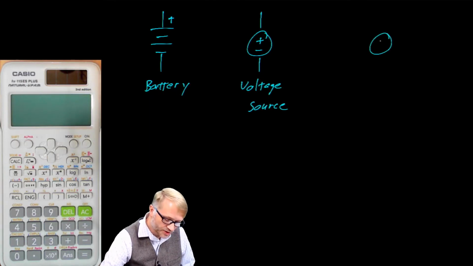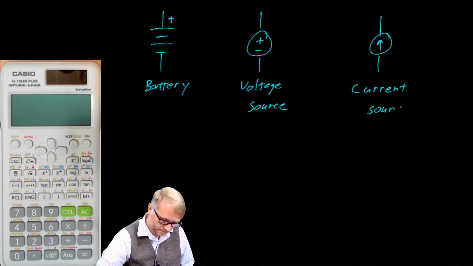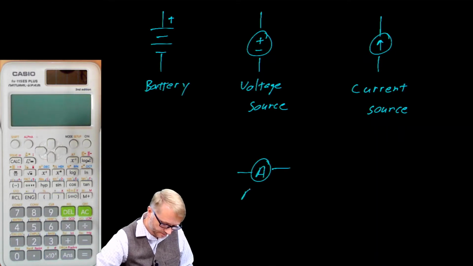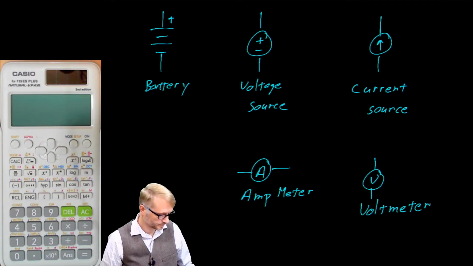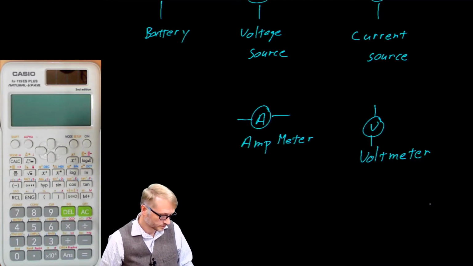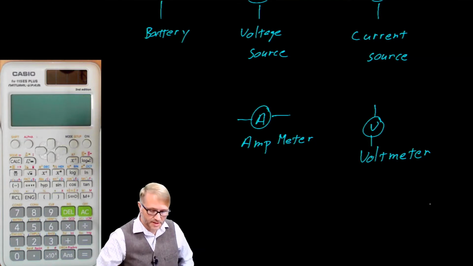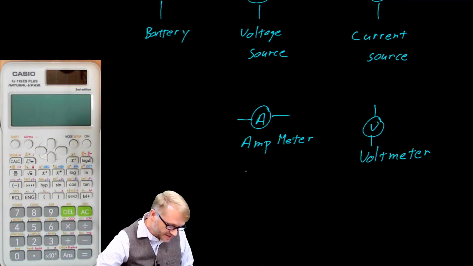We have current sources. Ammeters with an A. And voltmeters with a V. Something very important about these that I'll remind you again and again as we proceed is that current passes through the ammeter.